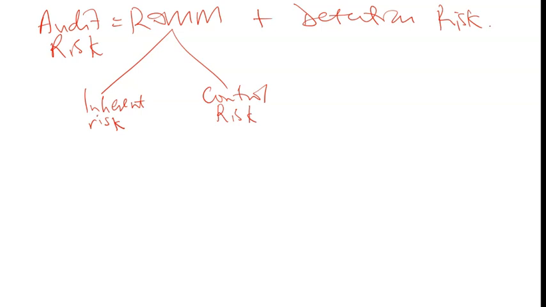So in that case, we expect errors to be prevalent in their financial statements. So that's an inherent risk. It occurs because of the nature of their practices and processes.